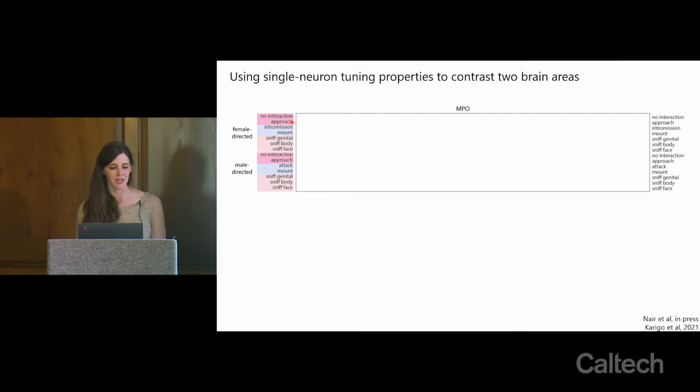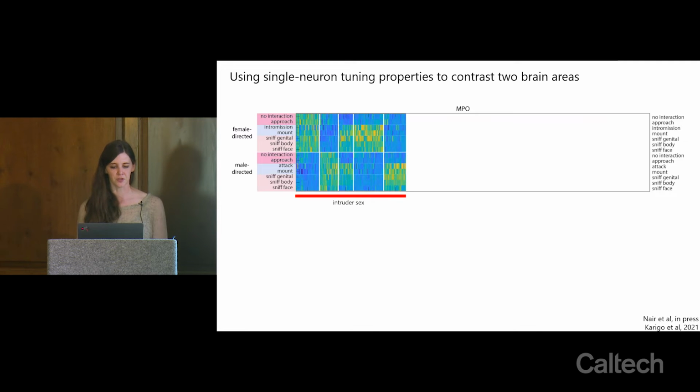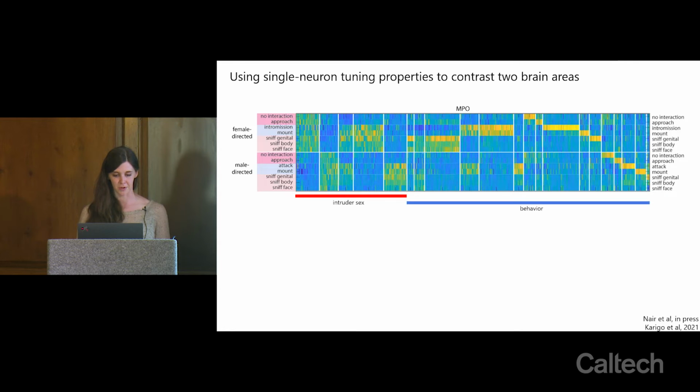So we have annotations for when nothing is really happening, for consummatory behaviors, mounting and intromission or attack, and for investigation behaviors towards females and males. And we can cluster cells by their response to different combinations of behaviors.